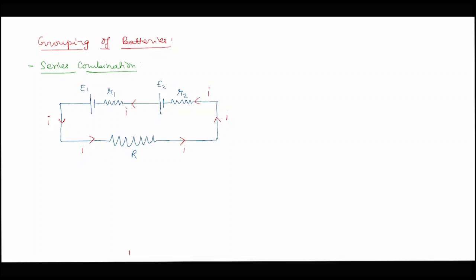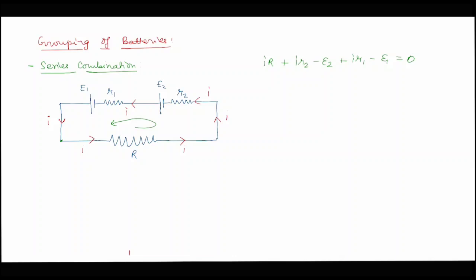If we apply Kirchhoff's loop rule for this particular circuit, then we can write from here. I am starting from here, going in this direction and coming back to this point. So we write it as I capital R plus I R2 minus E2 plus I small r1 minus E1 is equal to 0.